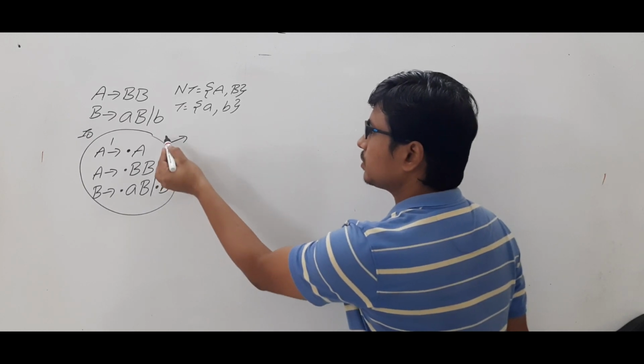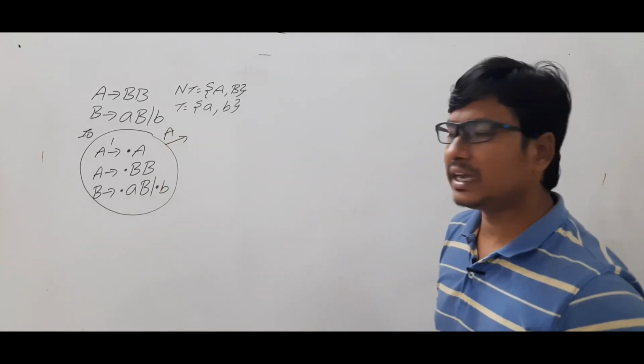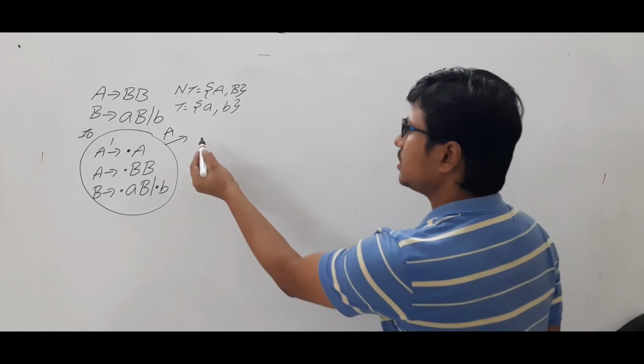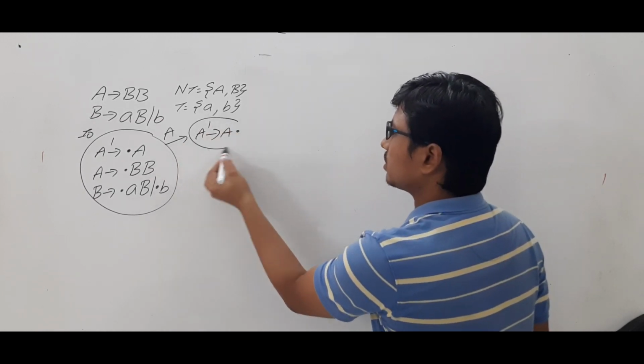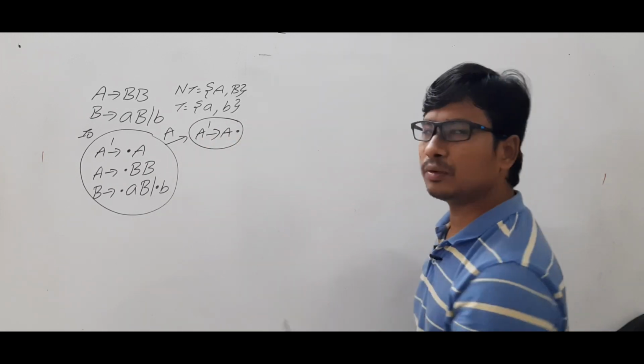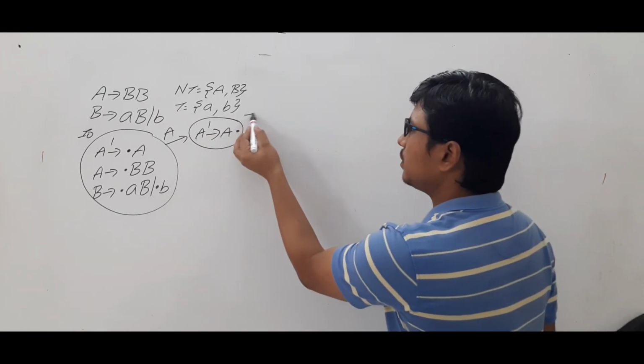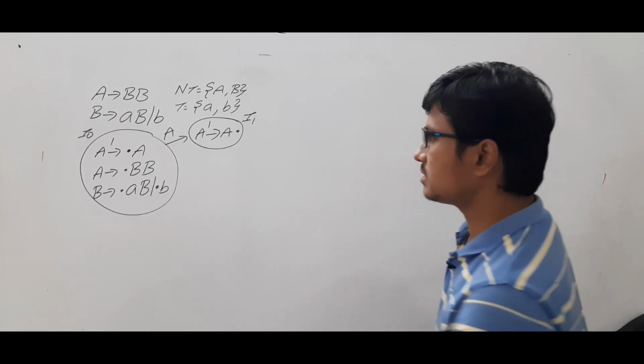Now let me compute the goto from I0 on A, which is A dash determines A dot. I do not need to compute the closure, so this I1 item is finished. Is it clear?